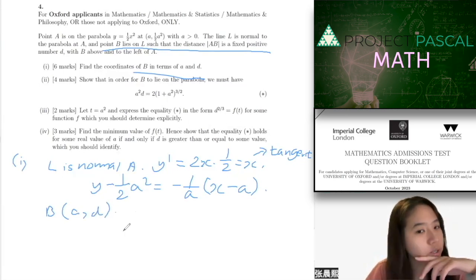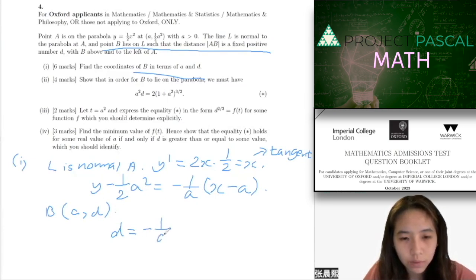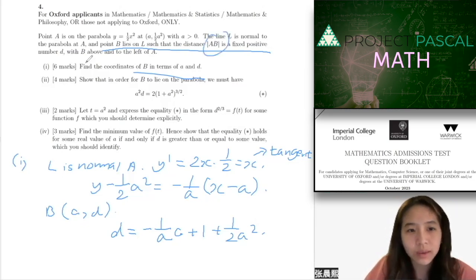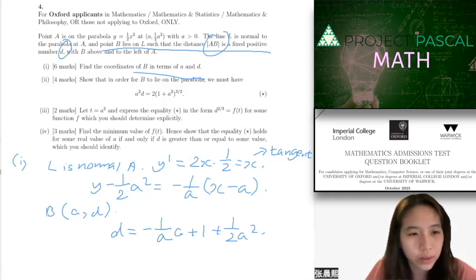So B has to have its points lying on these lines. So d is equal to negative 1 over a times c plus 1 plus half a squared. And then it says AB is a fixed D, so oh, that's probably not so nice to use.